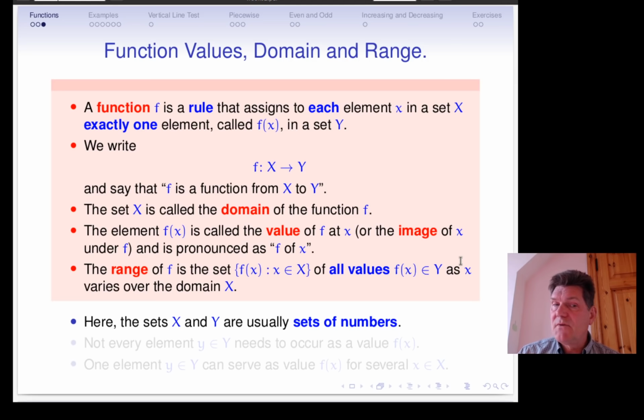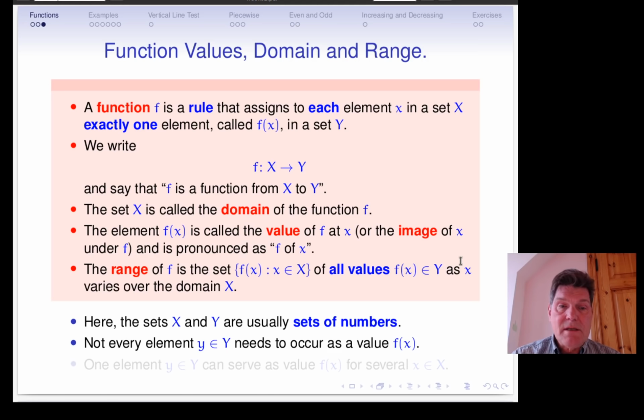And you can see a certain difference between the roles that are played by x and y. The function f will use every element x in the x set, and it'll assign to each x a unique value f of x in the y set.